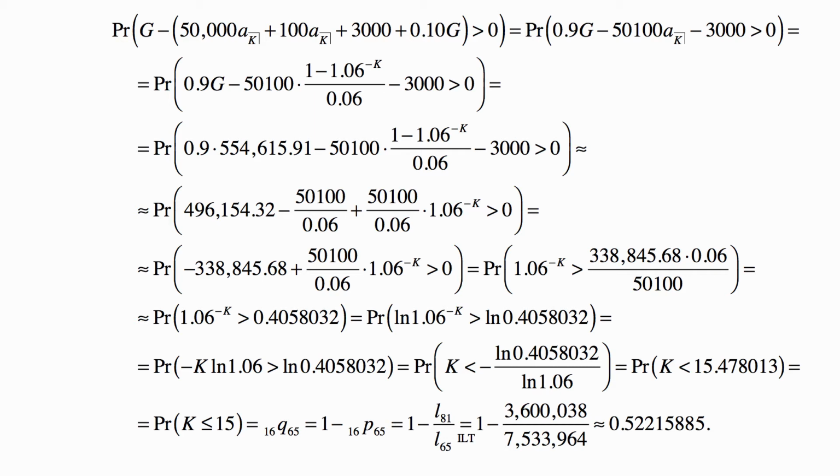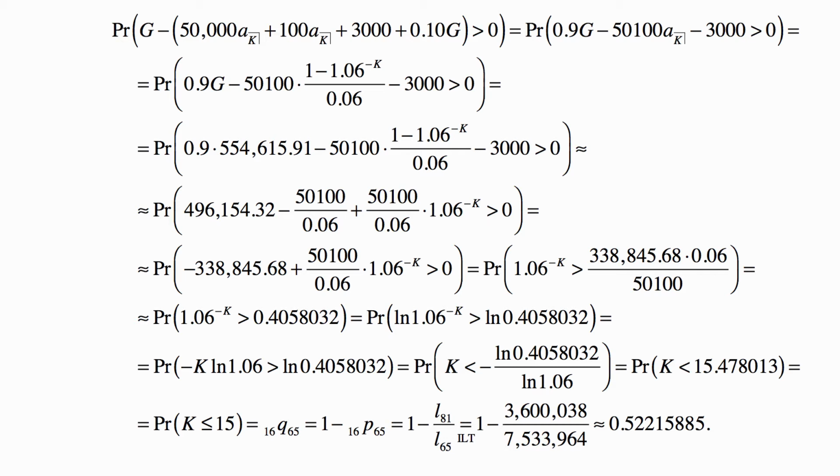Then the $3,000 expense and 10% of premium expense. So all this is paid out, the premium G is collected, and the difference of the two is how much money the company makes. That is a random variable, depending on K, the number of whole years lived by the insured. So we want the probability that this expression is greater than 0.